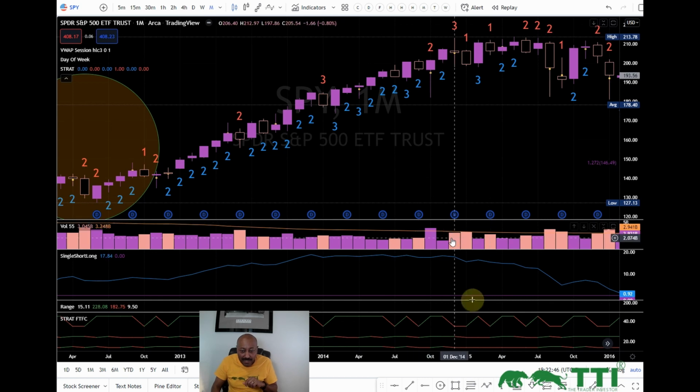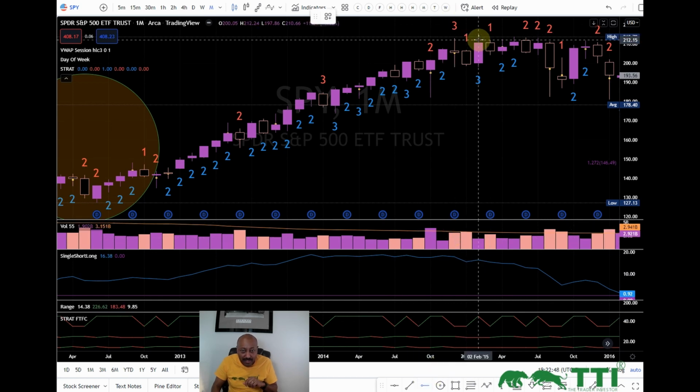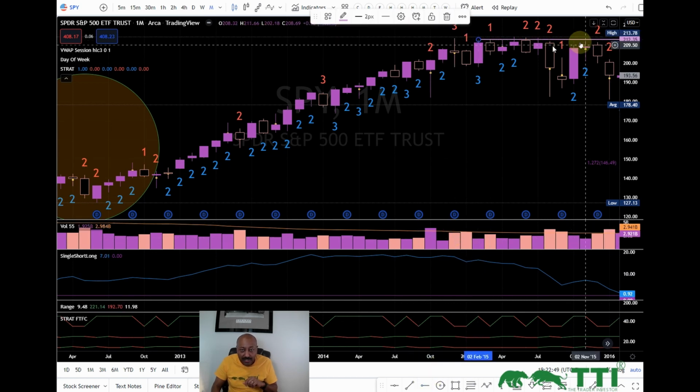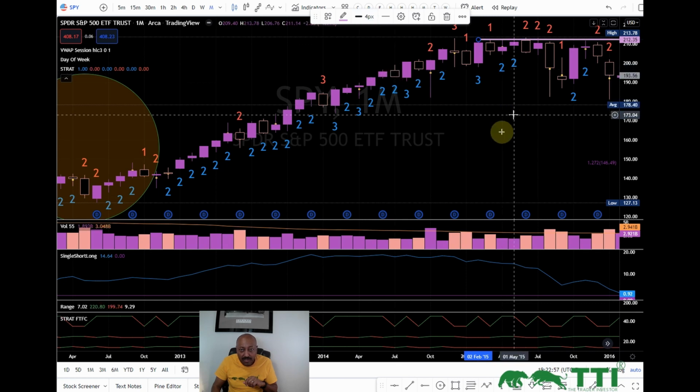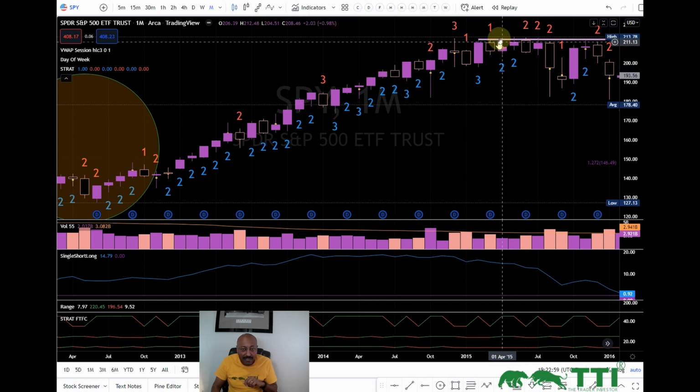So the person that wants to enter here around the 215 line, let's make that a little bit bigger so you can remember. So this line here, the 215 area.